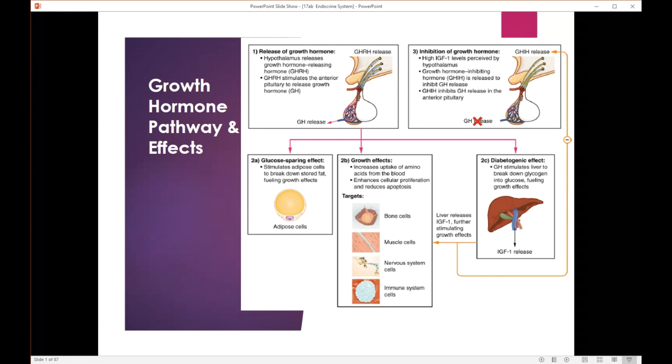We all stored it up as glycogen. And that helps us to fuel our growth effects. But when that happens, we release IGF-1, insulin-like growth factor 1, which also helps us to do all of these fun things with these growth effects. That release of IGF-1 is going to turn off our growth hormone inhibiting hormone.